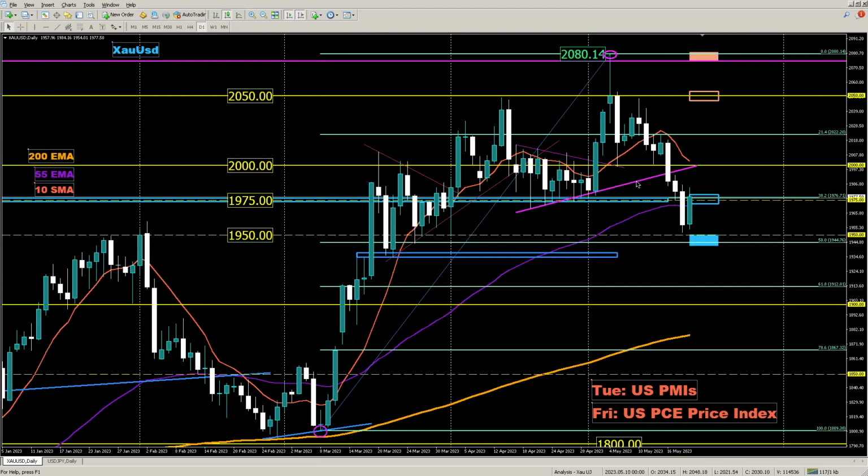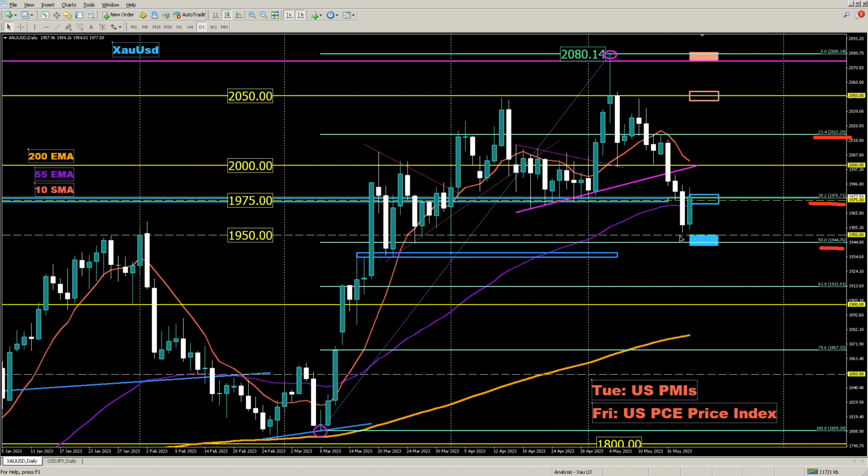And this was the break of the 2000 and the trend line on Tuesday, after failing to climb up higher above the 21 fib. It fell through, and the first interim support was at the 38 fib for 1975, and it did not reach the 50 fib.